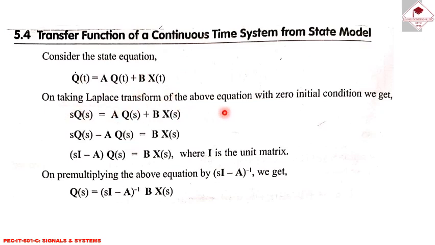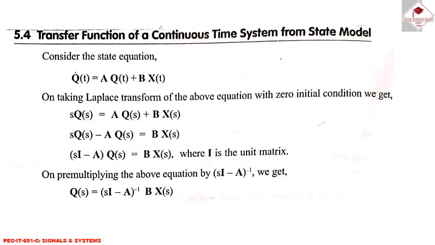By taking the Laplace transform of the above equation, with t replaced by s, it can be written as s Q(s) equals A Q(s) plus B X(s). Taking Q(s) common, it can be written as (sI minus A) Q(s) equals B X(s), where I is the unit matrix. On pre-multiplying the above equation by (sI minus A) to the power minus 1, we get Q(s) equals (sI minus A) to the power minus 1 B X(s).